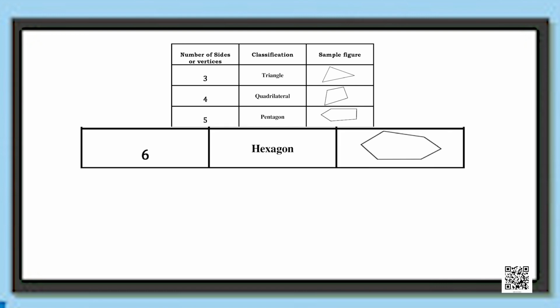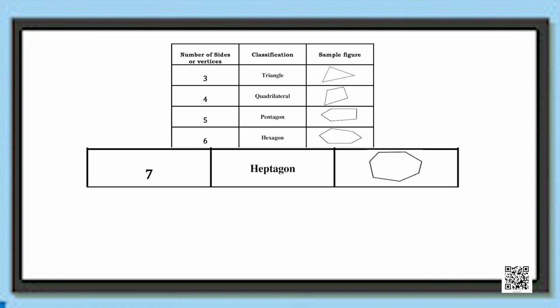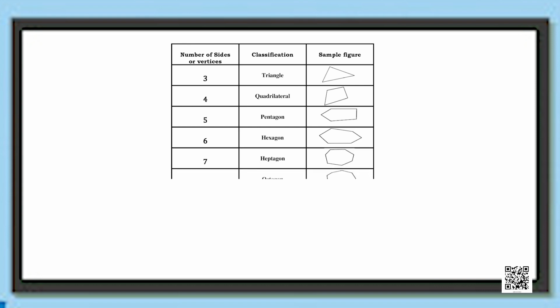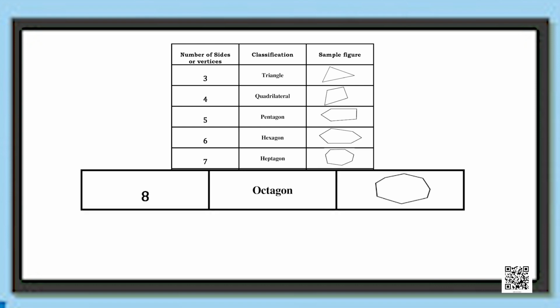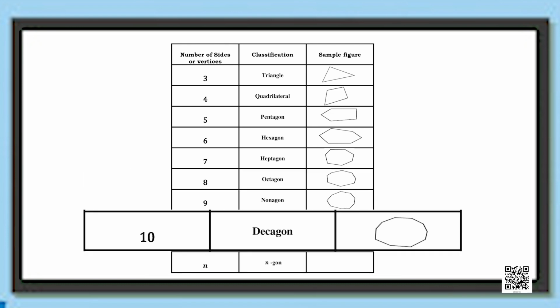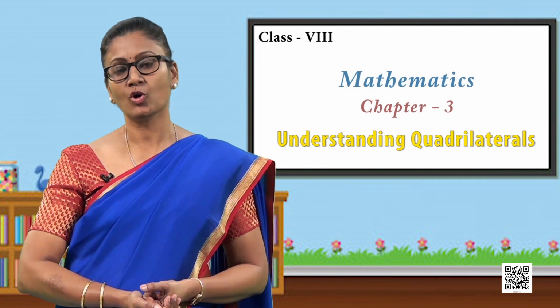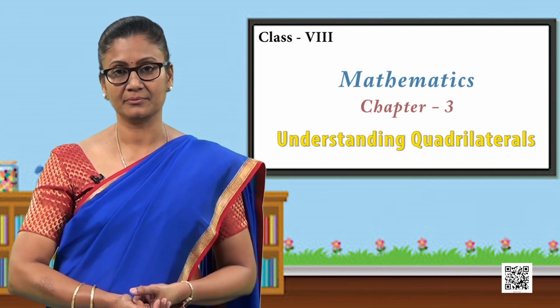A 6-sided polygon is called a hexagon. A 7-sided polygon is called a heptagon. An 8-sided polygon is called an octagon. A 9-sided polygon is called a nonagon and a 10-sided polygon is called a decagon. A vertex is a point of intersection of two or more sides in a polygon.